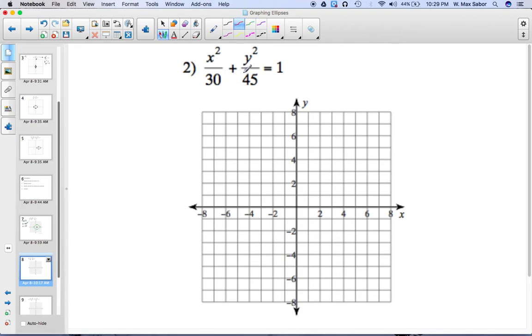And hopefully you can draw a little better than I can. Here, the center is at 0, 0. When we take square root of 30, that's somewhere between 5 and 6.